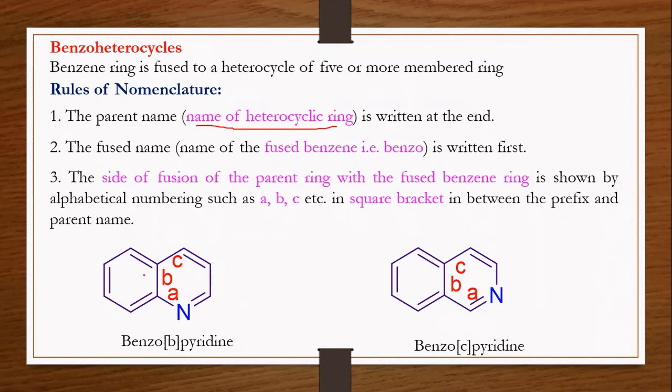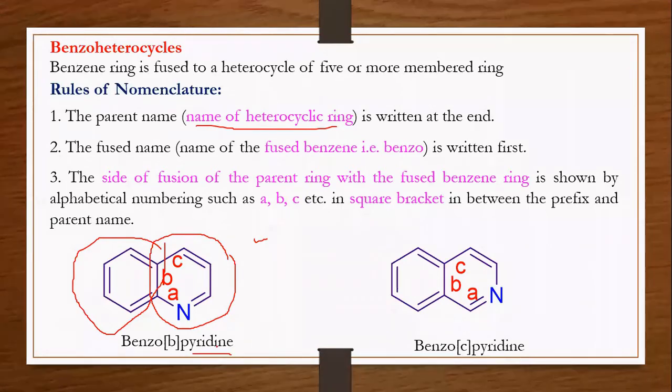For example, in this case, a benzene ring is fused with a pyridine ring. Now here, the pyridine ring is a heterocyclic ring, and thus it is the parent, and its name is written at the end.